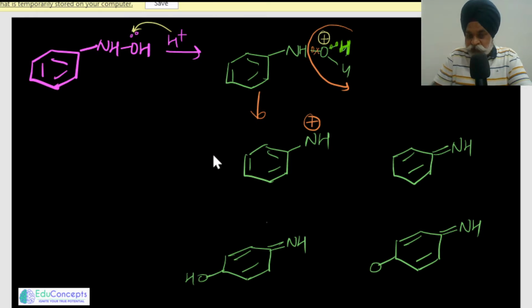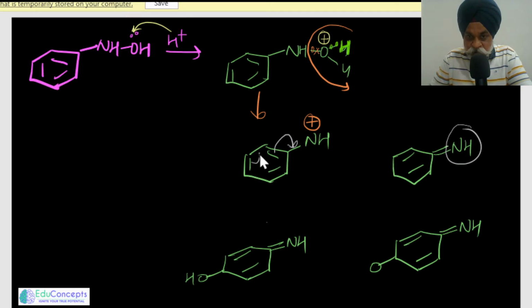Now we generally say that a species would not be that stable where an electronegative element acquires a positive charge. But there is no way out, because you have to bring out the product, because four options are given, you have to answer something. Now here I can do one thing: I take this pi bond here for conjugation, because the pi bond is next to the positive charge, so it can undergo conjugation, and as a result this nitrogen's octet can get completed.